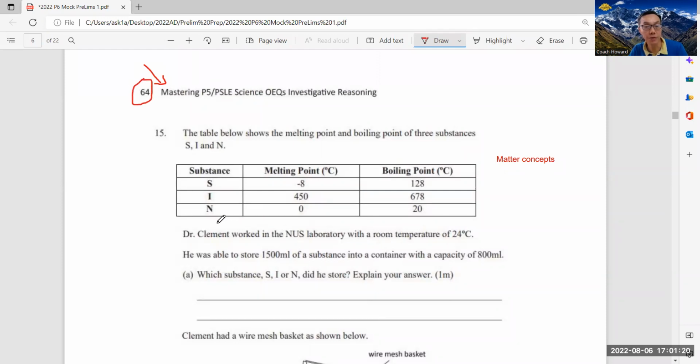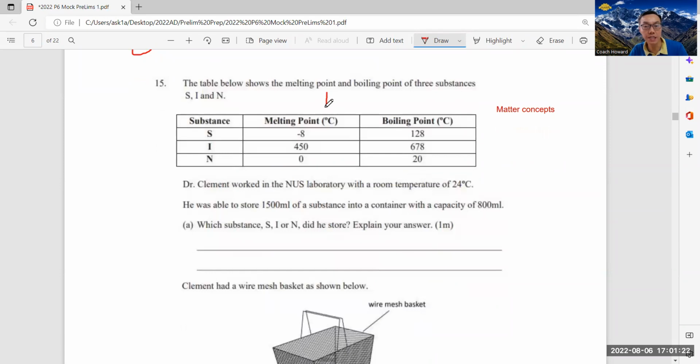Okay, page 64. This question actually tests your understanding of what is melting point, what is boiling point, the concept of matter. So this person, Dr. Clement, works in the laboratory in NUS, and the room temperature, because it's a lab, they maintain the lab temperature cool to ensure the chemicals are stored properly.